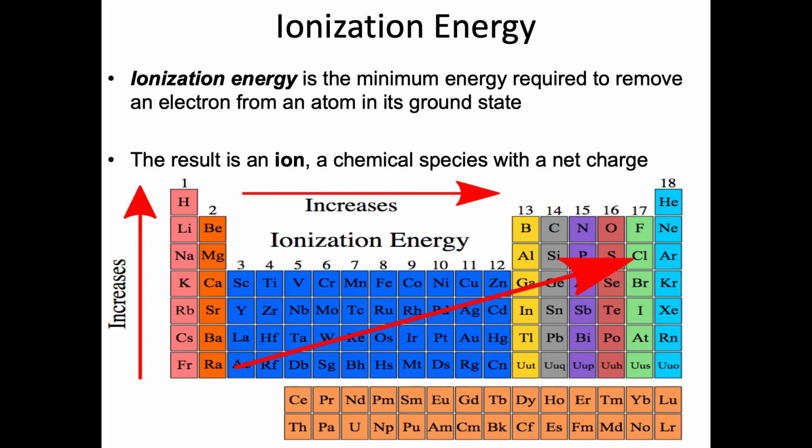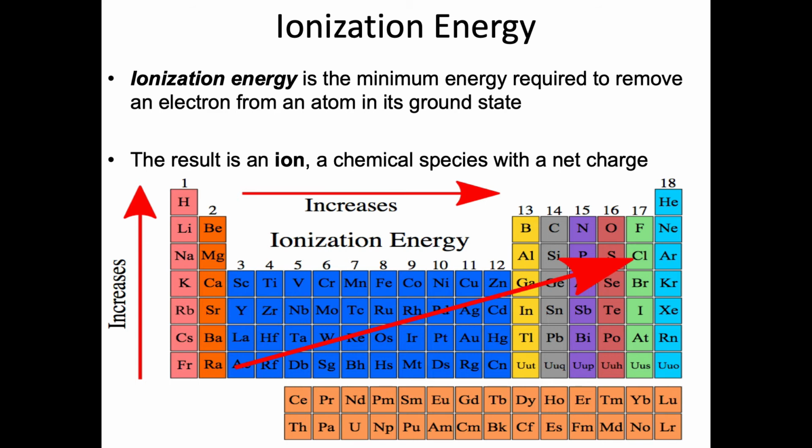And so it's going to take much more energy to remove an electron from an atom of a halogen, group 7, because they want to gain one more to become very stable. If they lose one more, they're going to become even less stable. So they're going to be clinging on to their valence electrons as much as possible. And so it's going to take much more energy to remove a valence electron from one of these atoms that want to gain valence electrons to become like a noble gas than it would for a metal that's going to lose the electron anyway.